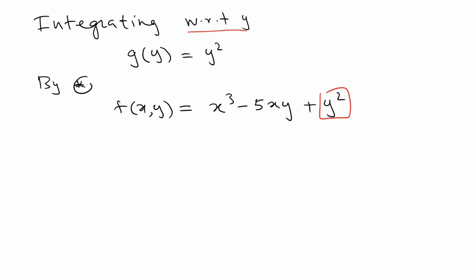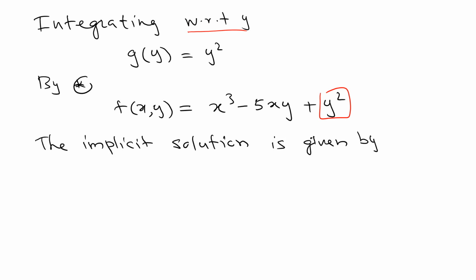Now what we want to do is set this equal to a constant. So the implicit solution is given by setting this function equal to a constant. You can say f x y, which is x cubed minus 5xy plus y squared, equals a constant.